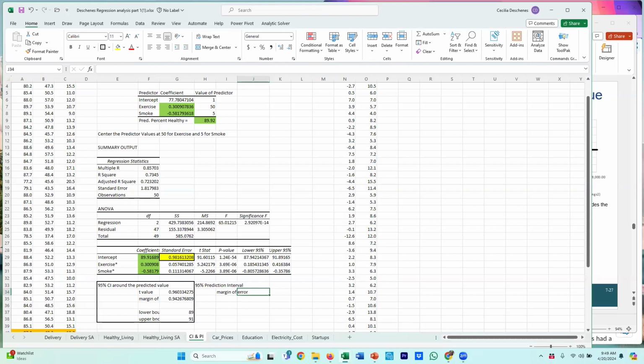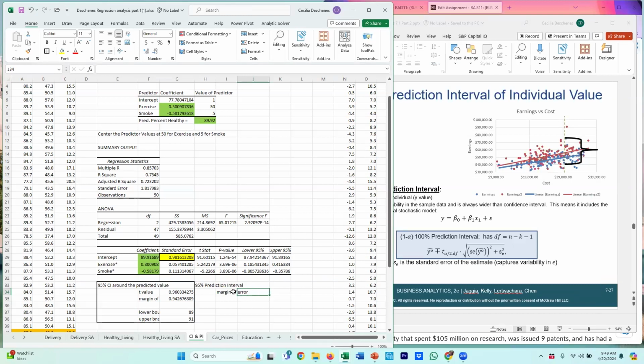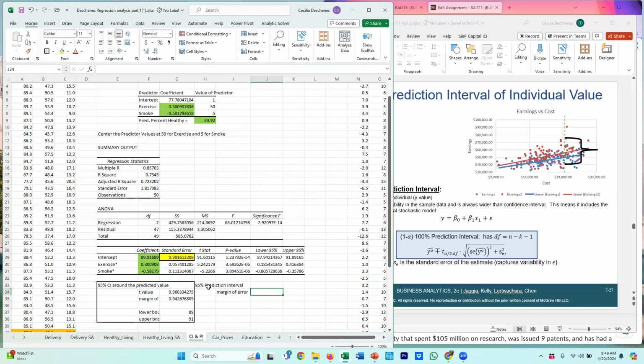Let's put these side by side. We can remind ourselves, it's going to be the square root of, so let's point to the standard error of the point estimate.